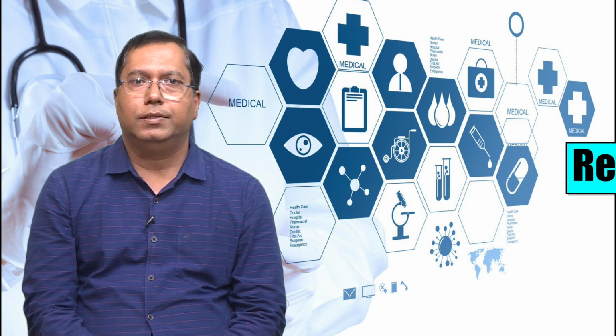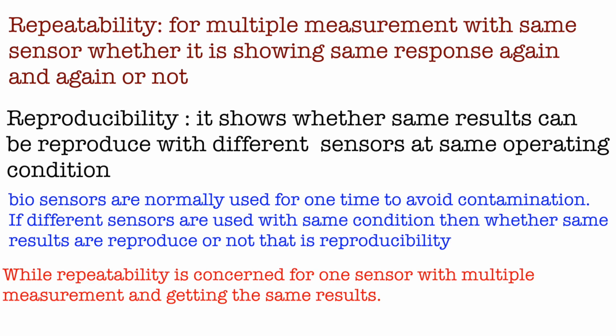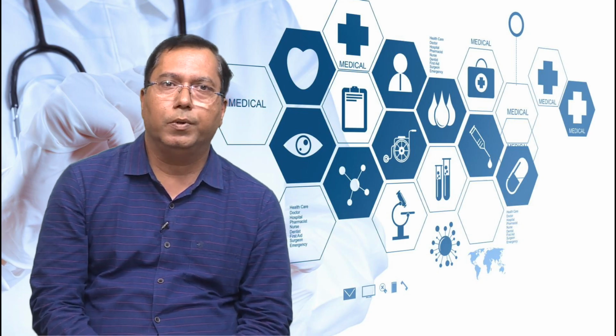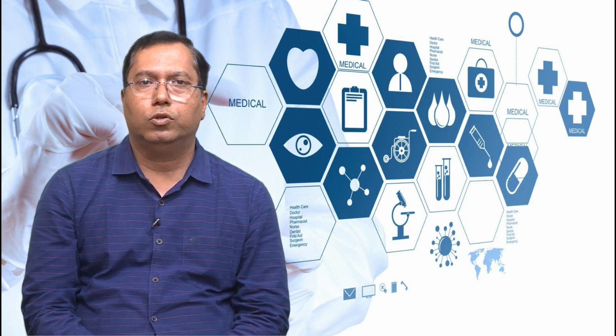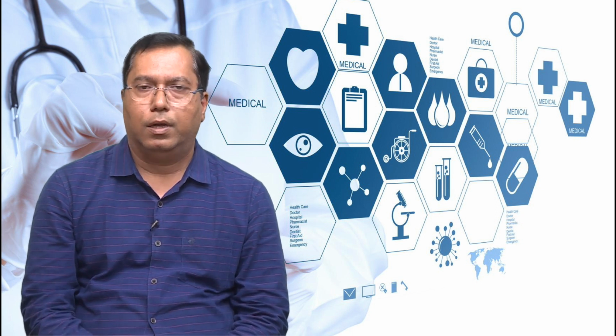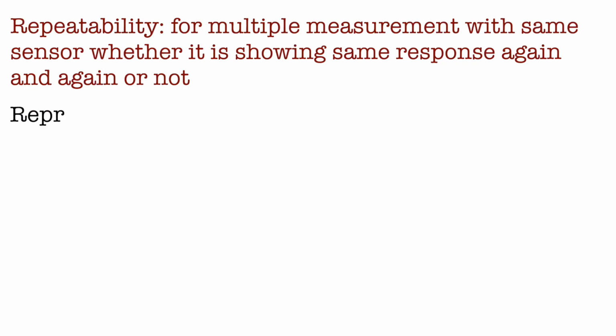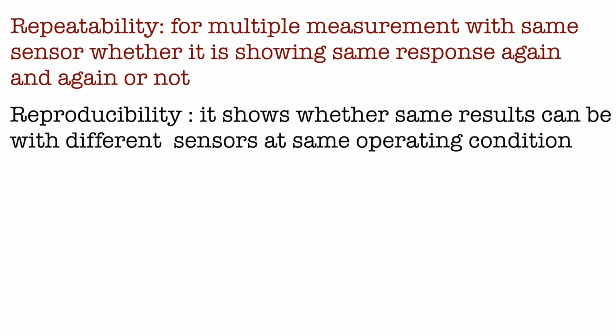Another characteristic is repeatability. Repeatability represents whether, for multiple measurements with the same sensor, it shows the same response again and again or not. Our sensor should be repeatable, showing the same response for multiple experiments. Another term is reproducibility. It shows whether the same results can be reproduced with a different sensor at the same operating conditions.